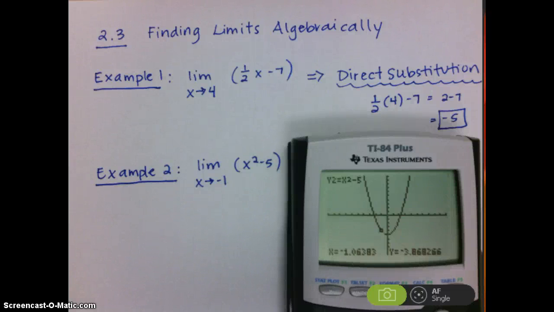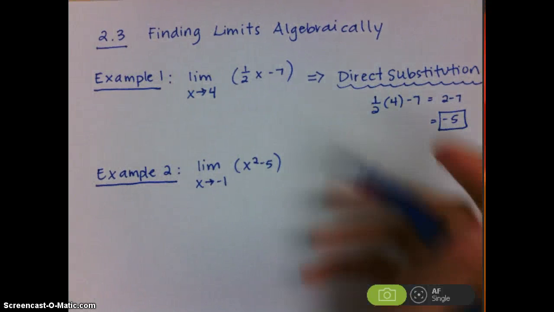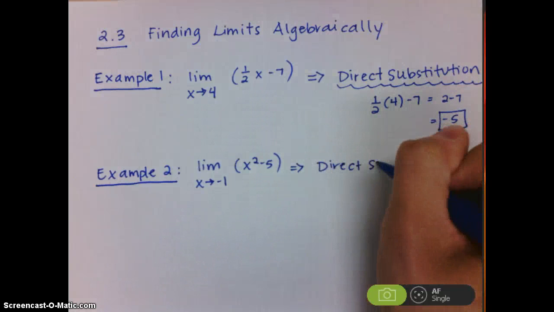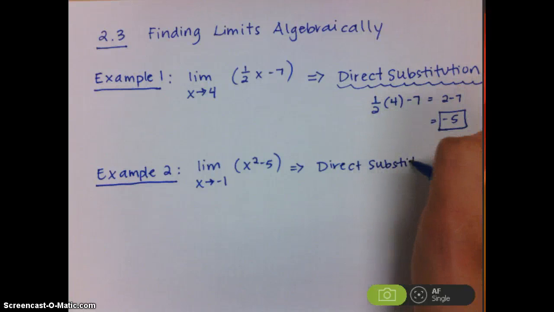So if we look as we're approaching it from the left-hand side and from the right-hand side, we are approaching the same value. There are no holes, there are no jumps, no discontinuities in this graph. So the y value itself, when we plug -1 into the function, is what gives us the limit as we approach -1. So once again, I can use direct substitution in order to find the limit.